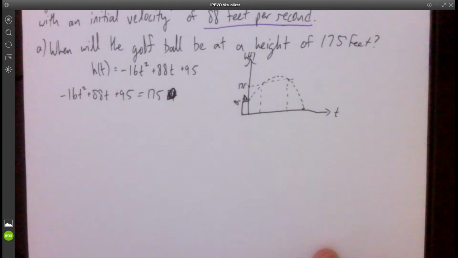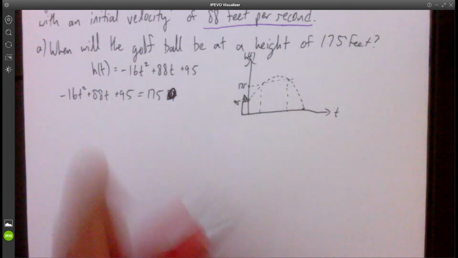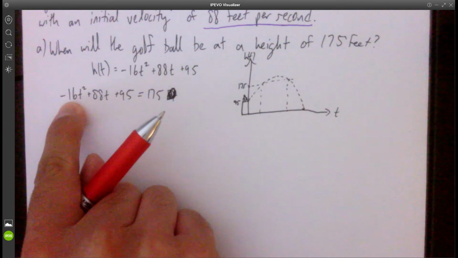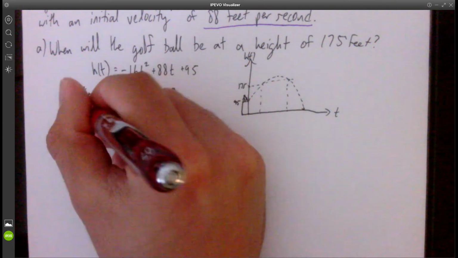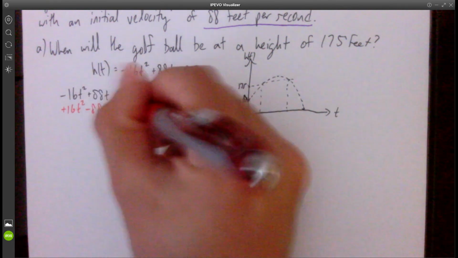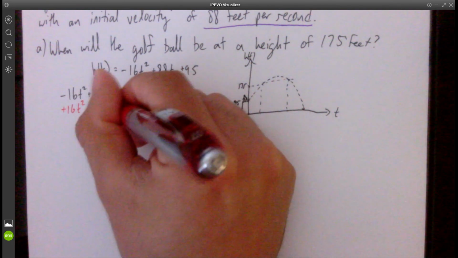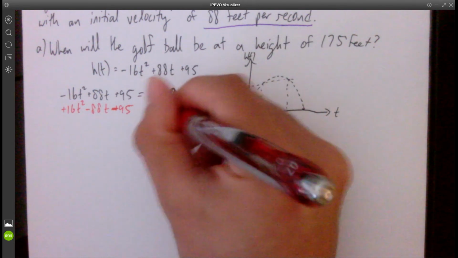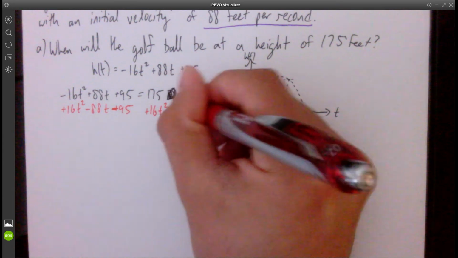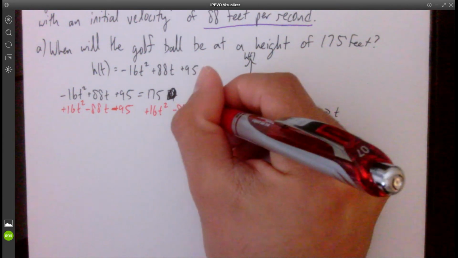Just like the previous one, I want to move all of my terms to the right side of my equation, because this leading coefficient is negative and it's easier to work with positives. So I'm going to zero out all of these here. It's going to be plus 16t squared minus 88t minus 95.